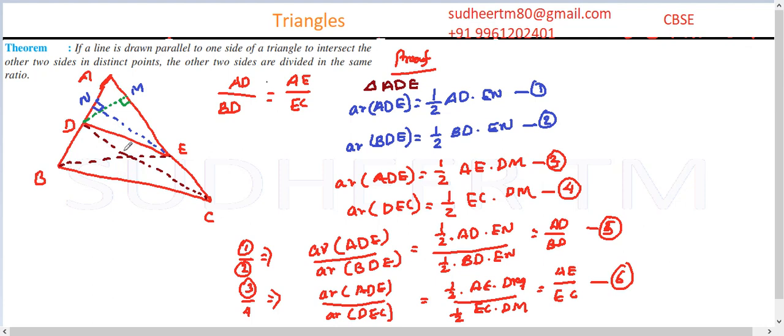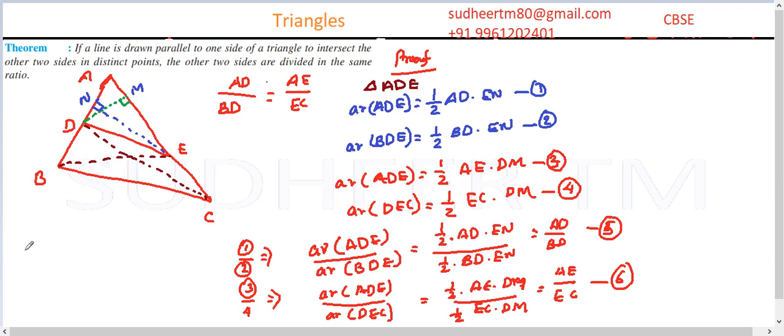So our bottom or denominator triangles on the left side of the equations have DE as a common base and are between the same parallels. So there is a theorem we learned in class 9: if we have two triangles on the same base and between the same parallels, their areas are equal. What is the theorem? If we have two triangles on the same base and between the same parallels, their areas must be equal.